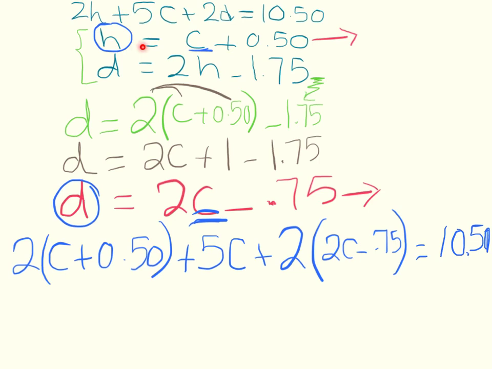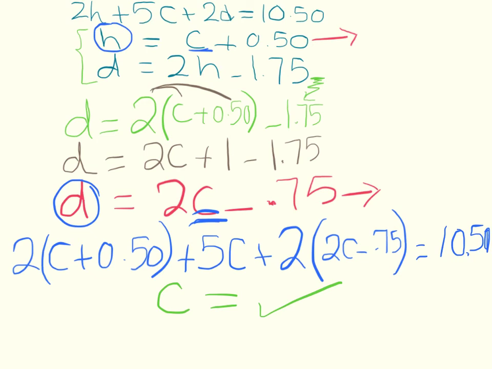So now I have hot dog represented by an equation in terms of chips, and drink is represented by an equation in terms of chips. And by doing that, I have an entire equation that has chips only. That will allow me to solve for chips. As soon as I get that, I can plug it back and get the price of a hot dog, get the price of a drink, and I'm done.